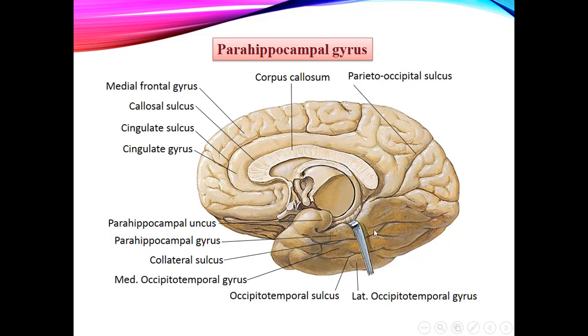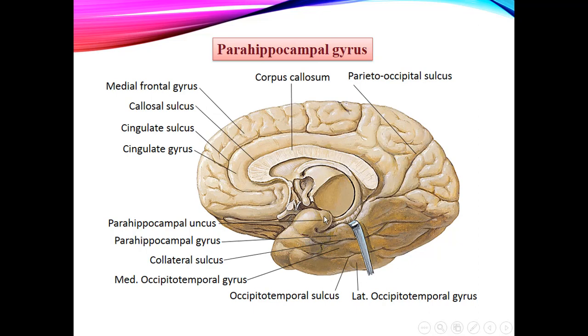The sulcus is the collateral sulcus between the parahippocampal gyrus and medial occipitotemporal gyrus. As you see, a part of this gyrus is located on the occipital lobe, and a part of that is located in the temporal lobe, and because of that it's called the occipitotemporal gyrus.